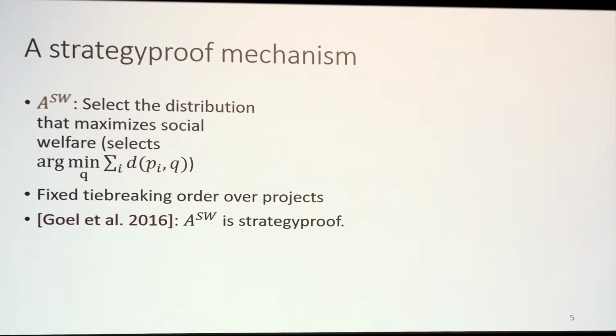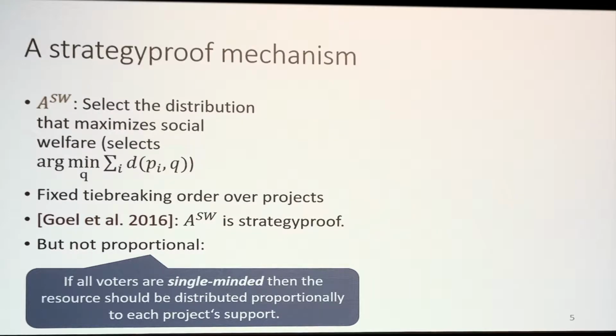That's good, but there is one problem with this, at least in some settings, which is that it's not proportional. What I mean by proportional is that if all voters are single-minded, then the resource should be distributed proportionally to each project's support. A single-minded voter is one who wants the entire resource to go on a single project.